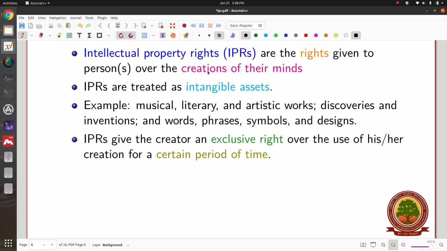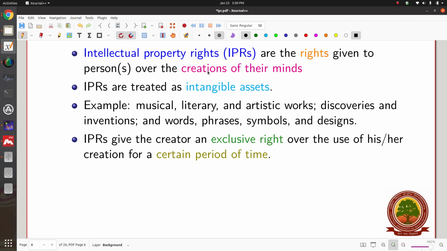Since you are in the domain of computer science, programs also come under copyright. If you write a program that is purely the creation of your mind, and you have not copied it from somewhere, then you automatically get the copyright on your program, and nobody can use it without your permission.